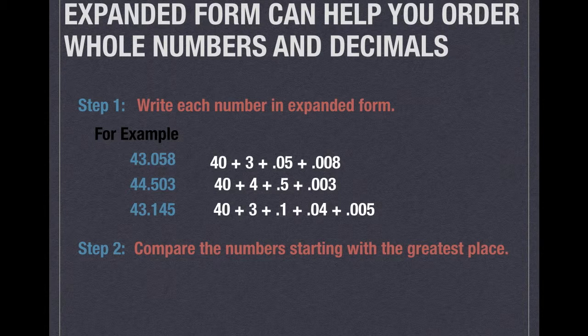We look at the next place. 3, 4, and 3. The greatest number in that place is the 4. So we can identify that the largest number in this set is 44 and 503 thousandths.